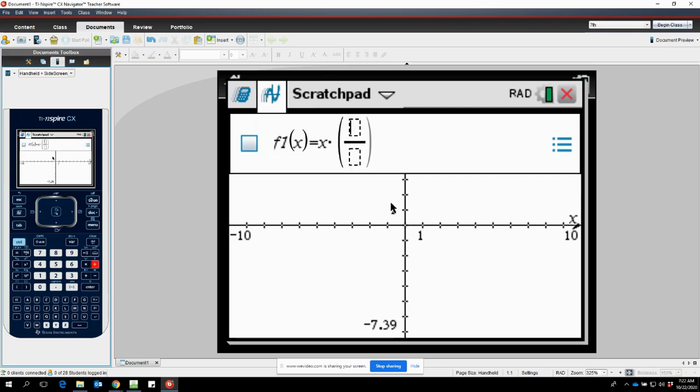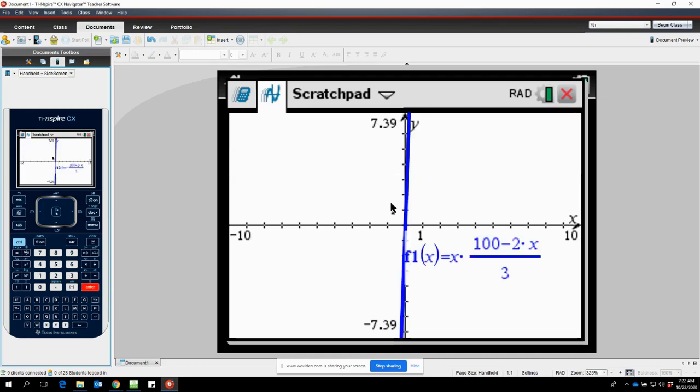And then I like to do a control divide so I can have a numerator and a denominator. My numerator is 100 minus 2x, and the denominator is 3. Then just press enter, and it's going to graph our area function.